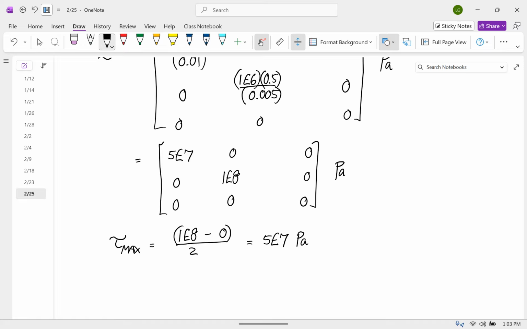A tire is 40 PSI, something like that. 40 PSI in pascals is about 2.8 times 10 to the 5 pascals. That's what a tire can withstand, normal tire pressure in a car.